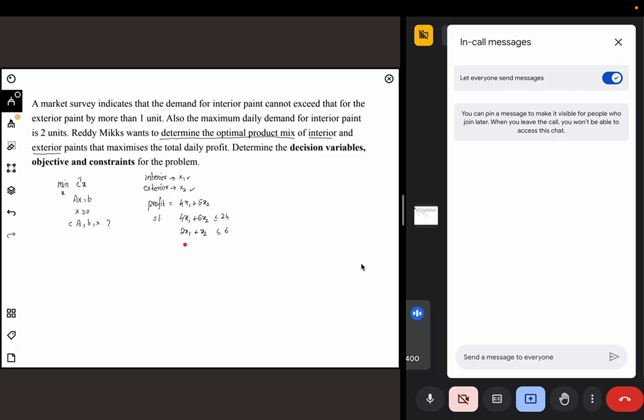So the demand for the interior paint is x1, and it cannot exceed, sorry, it cannot exceed, which means it will always be less than or equal to the demand of the exterior paint plus 1 unit.